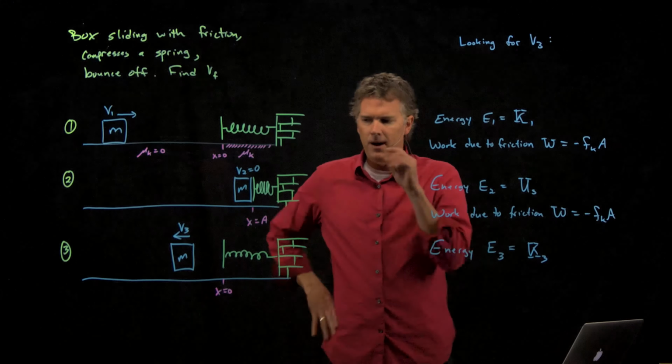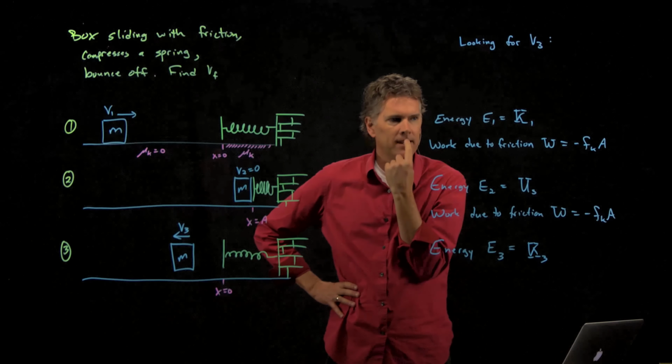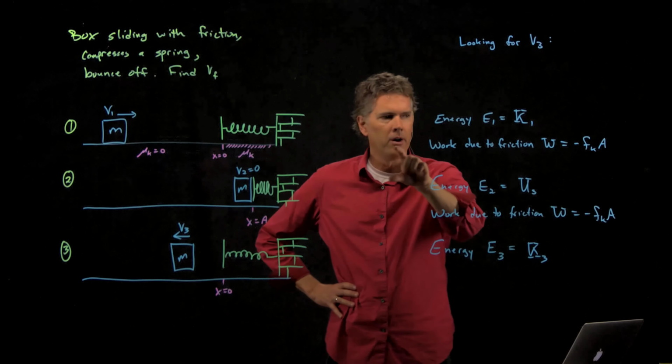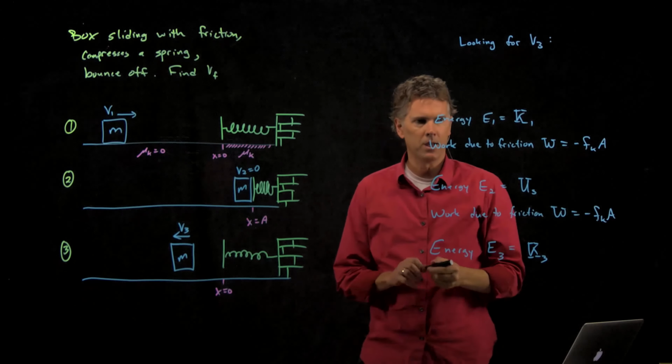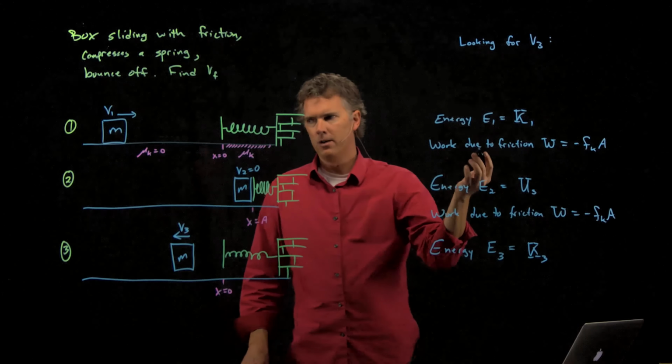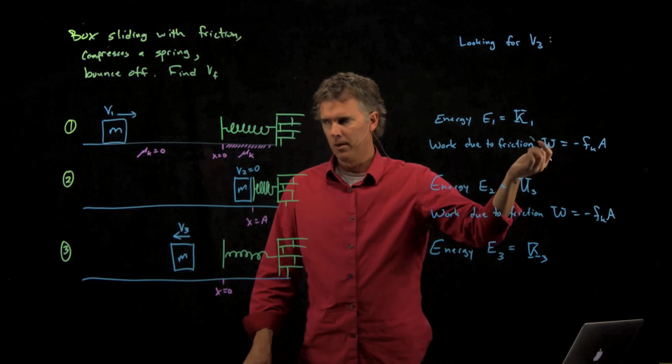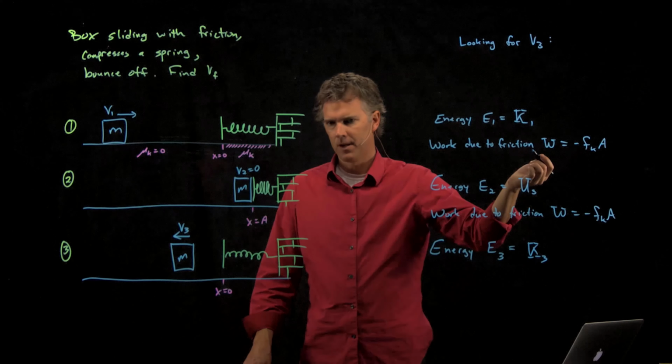So one way to think about how to attack this is the following. The energy in this first part is really just going to be whatever kinetic energy we have minus the work that we did. Okay?